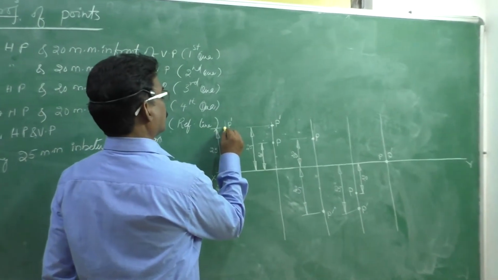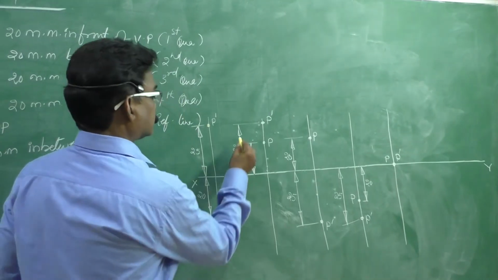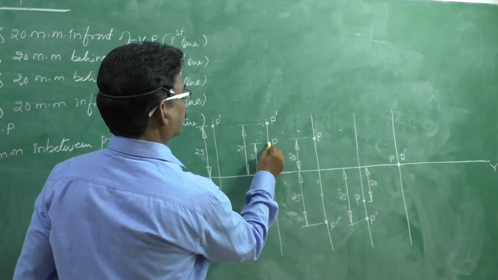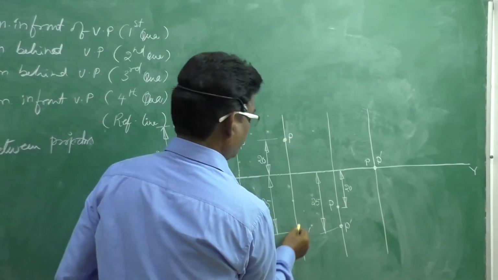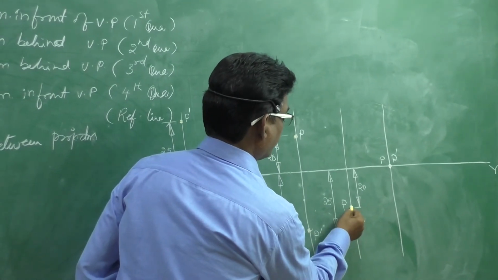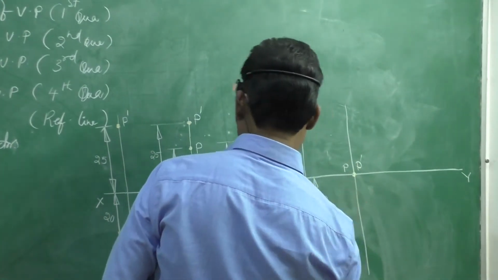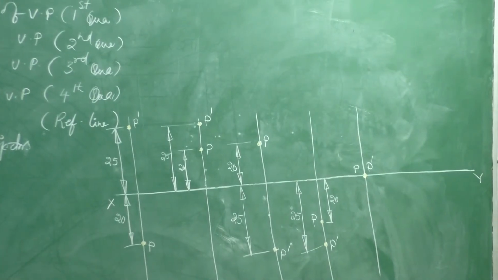Therefore, you need to darken these points to make them visible. Okay. This is the one problem. We will go for the next problem.